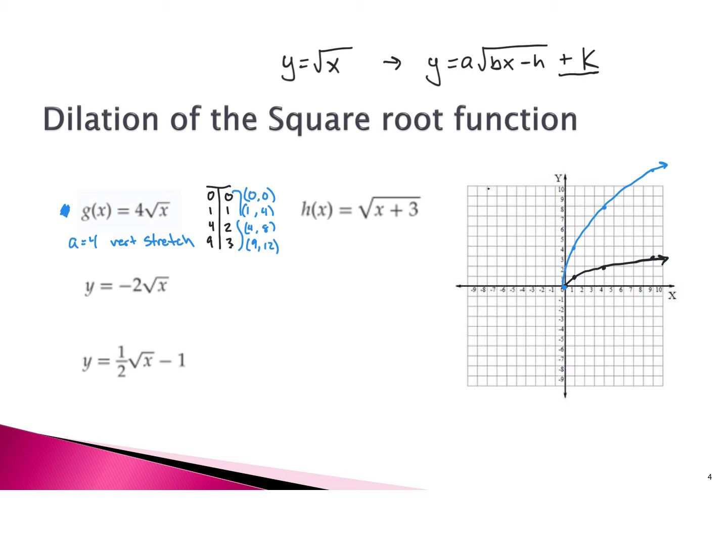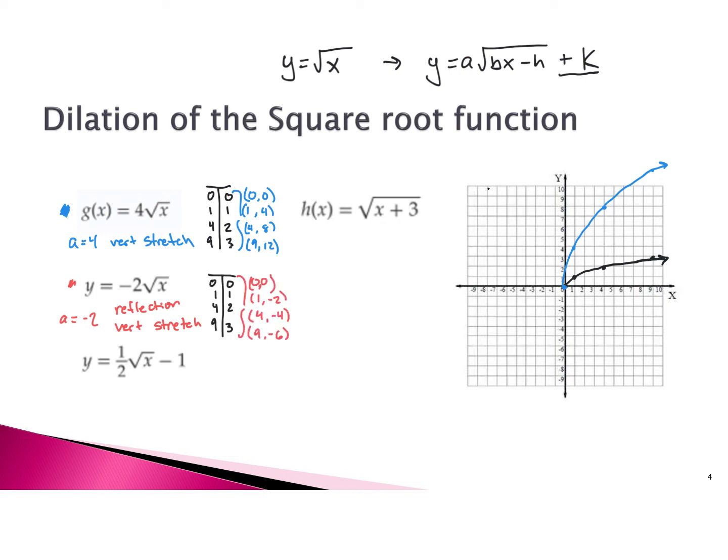Okay, now on the next one, again, we still have an A. A is now -2, which means we're going to have a reflection and a vertical stretch of 2. Okay, please remember the negative sign has a completely different job than the number itself.